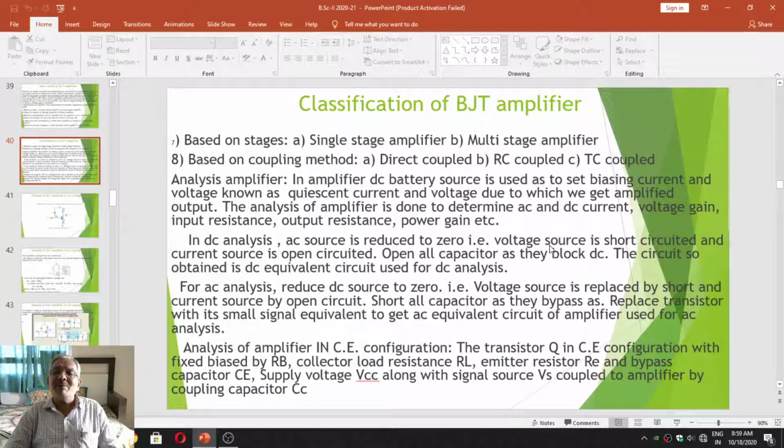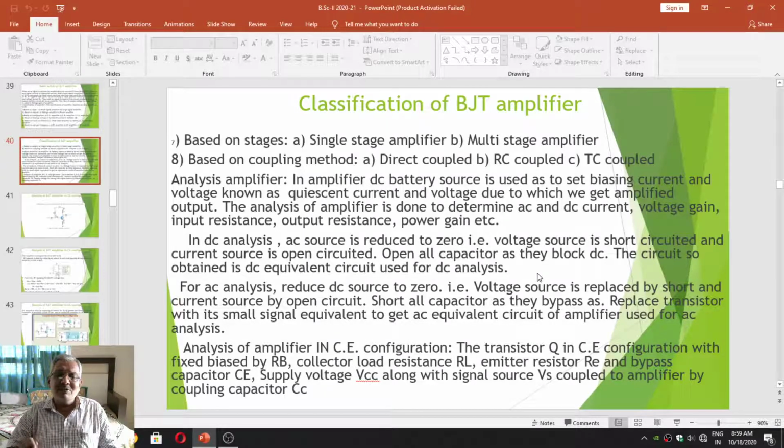If any coupling capacitors are connected, open all those capacitors because they block the DC, and we are analyzing DC, therefore those should be open. The circuit so obtained is called a DC equivalent circuit that is used for the purpose of analysis.